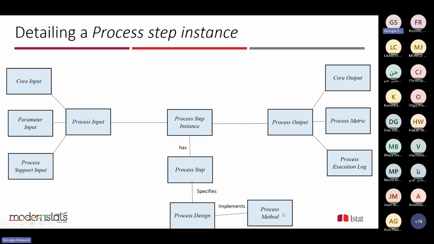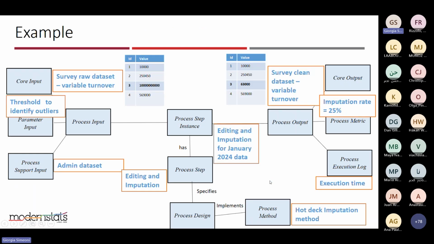We can start from the method. Suppose we are in the editing and imputation step, and we have the process step instance that is a specific instance of this step. So we are in the editing and imputation for January 2024 data. Considering our inputs, the core input will be the survey raw dataset.